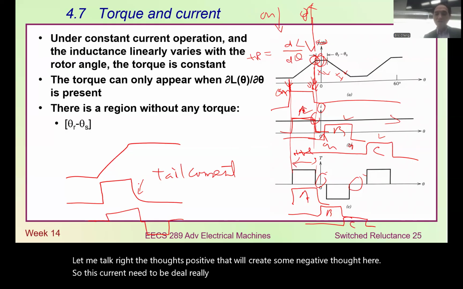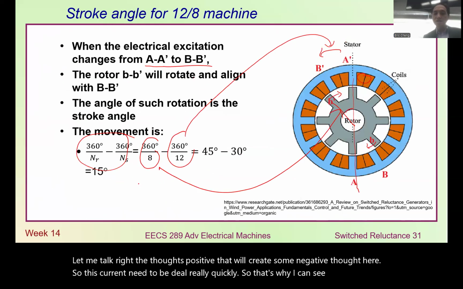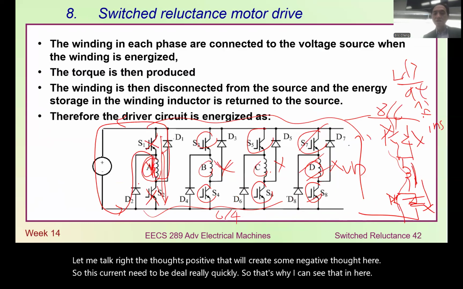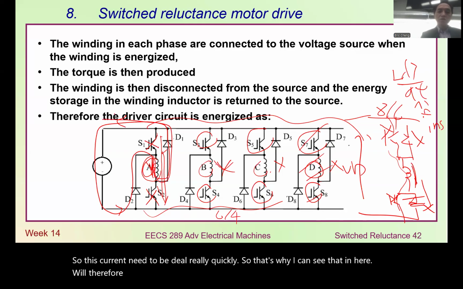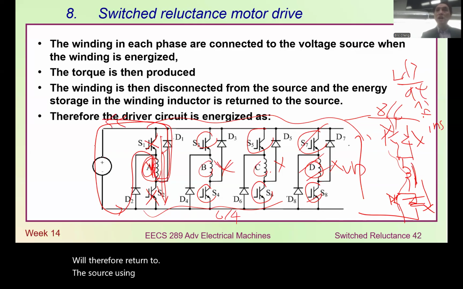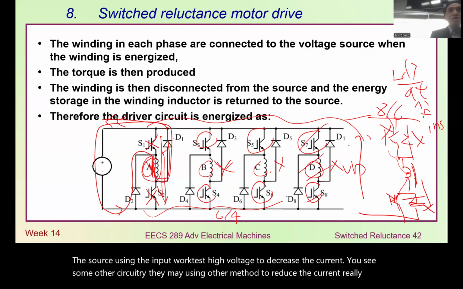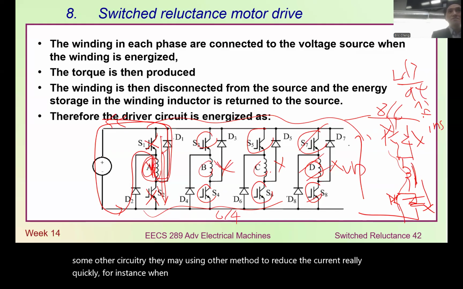So that's why you can see in here, we will return to the source using the input voltage, the high voltage, to decrease the current. Some circuitry may use other methods to reduce the current really quickly, for instance by inserting a resistor or load, or by inserting additional voltage.